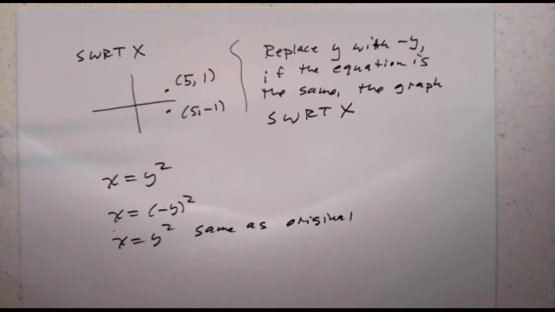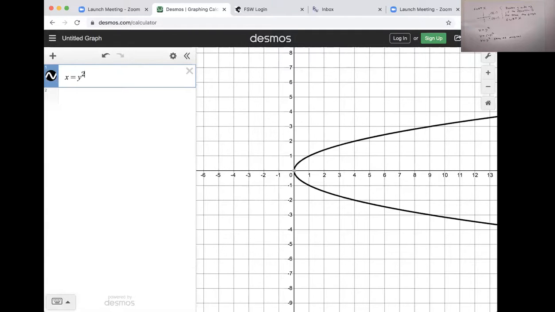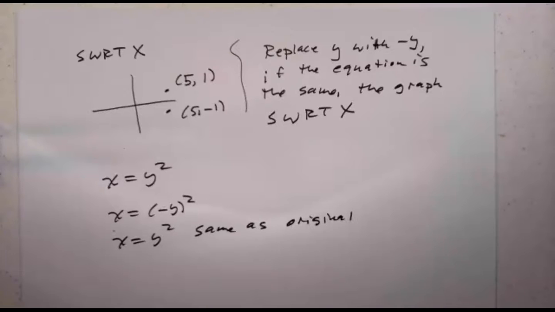Let's go to Desmos if we can, to see what x equals y squared looks like. We replaced y with negative y and we have the same thing. Notice symmetric with respect to the x-axis is what we have there. All right, what is our next question?